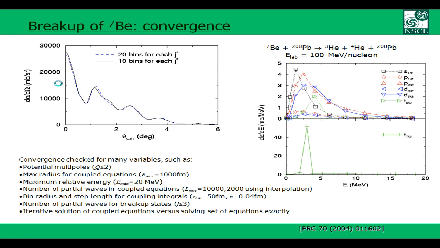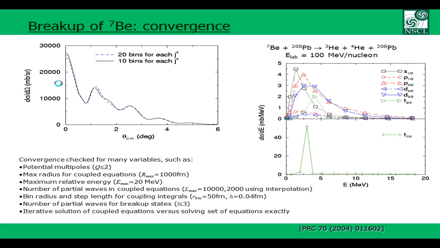So it's a long list. Before, there were only two things. Remember, what were the things you had to check when you did your optical model or your inelastic calculations? What were the two convergence things that you had to check? Please. Number of partial waves. The radial grid. There's basically two things.